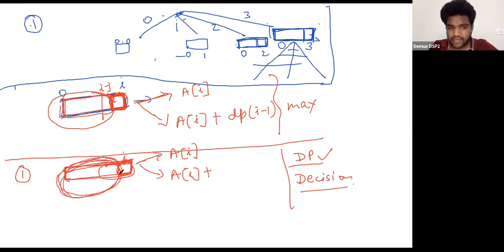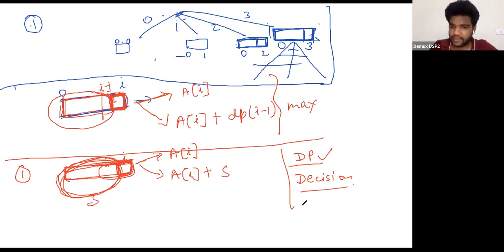Whatever answer I get from this part is basically the length of the longest subarray ending at I minus 1. So I am elongating that by adding AI to get the length of the longest subarray ending at I. So I can do that. Let's call this S. So that is the decision.